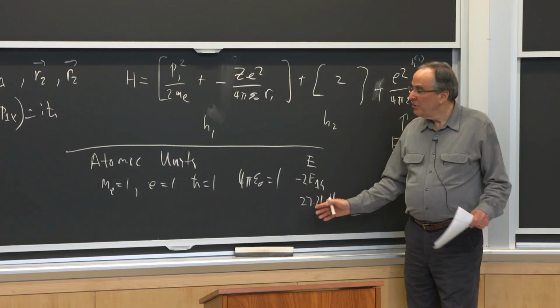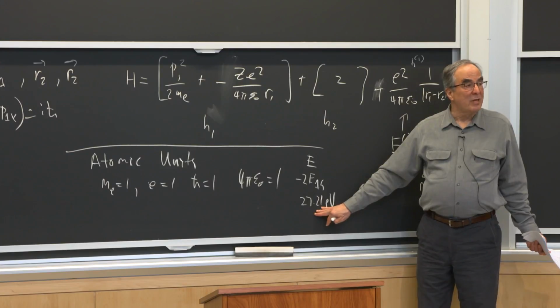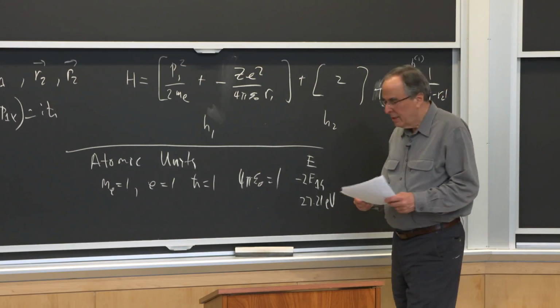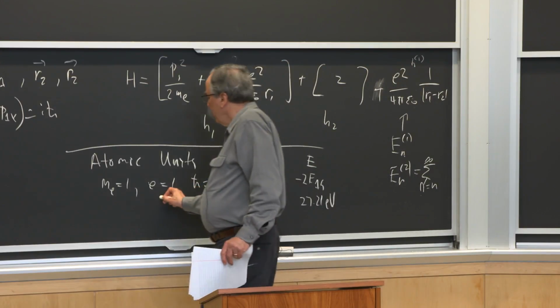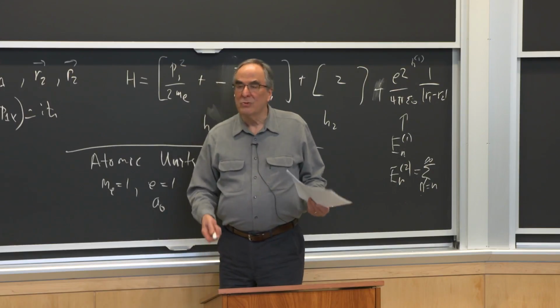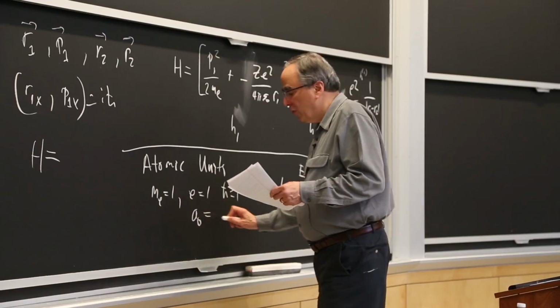So you calculate a number, and then you multiply it by this to get the real energy. And the unit of length is A0, which is the radius of the n equals 1 hydrogenic Bohr orbit.